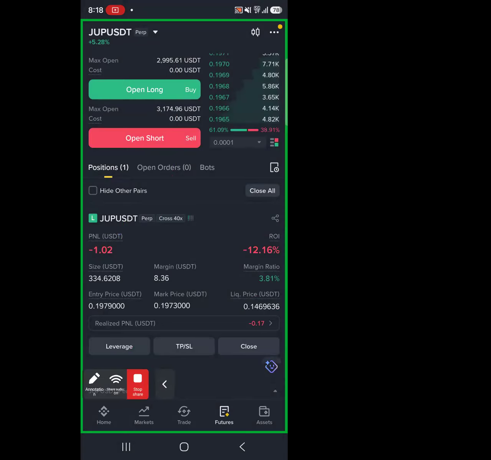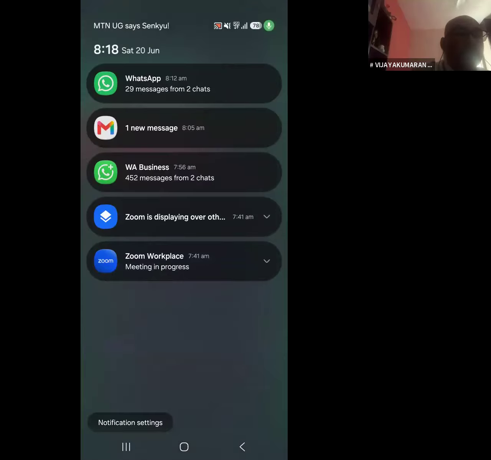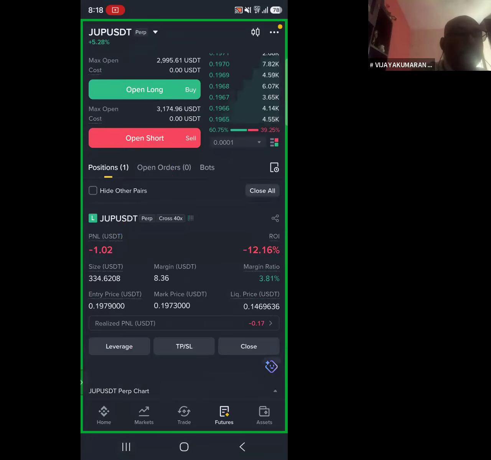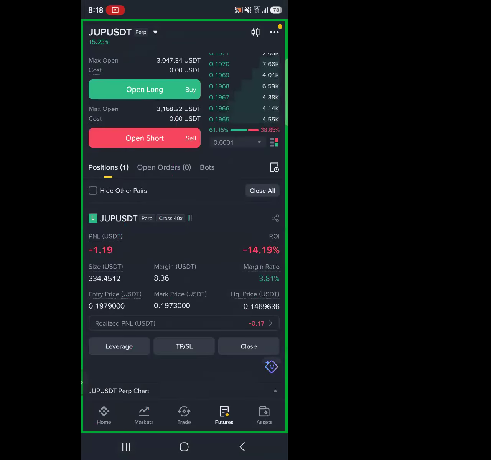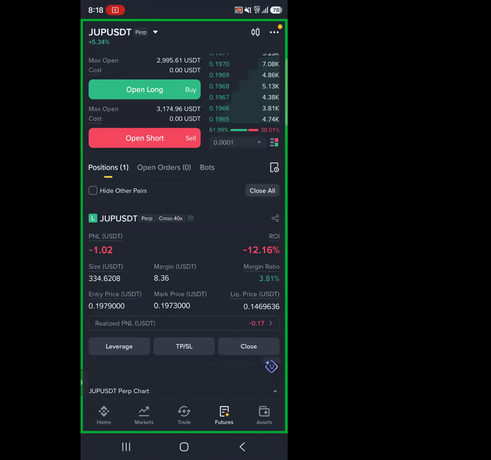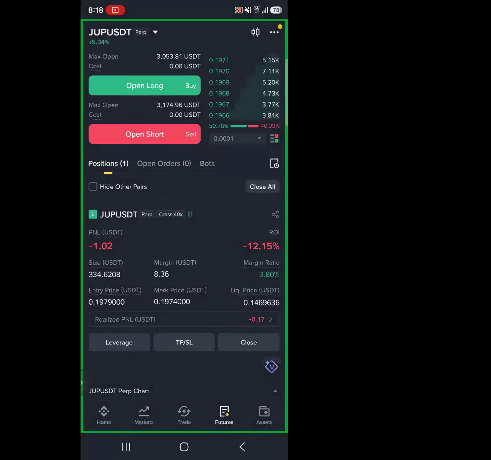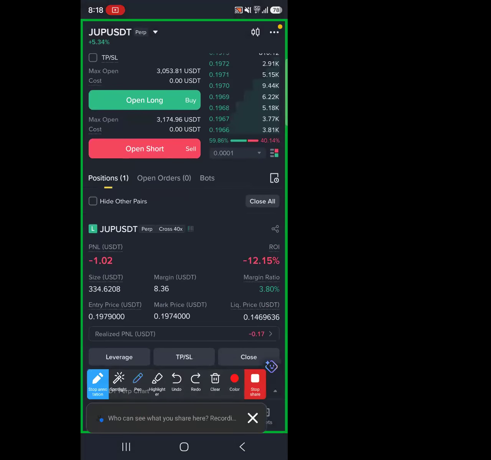So, any question on this? And here we are not setting our close price. The close price, let's base it on what is on the signal. It's 0.208. So we're going to tap on close. Once you start the trade, you tap on close here.